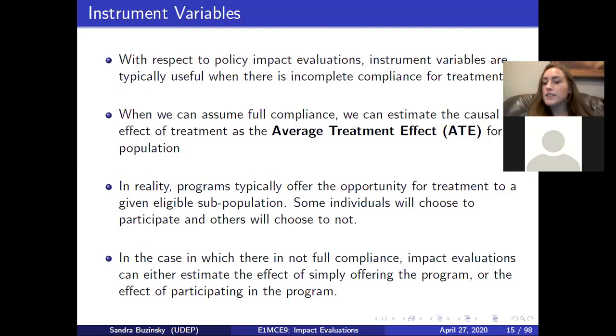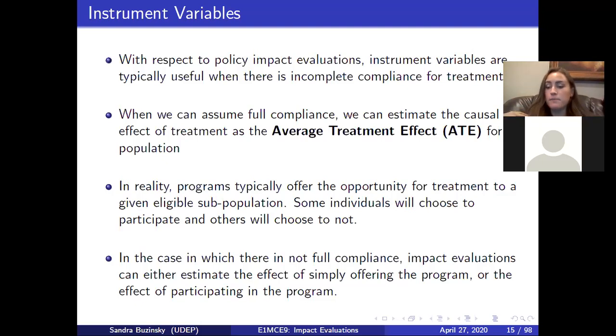Remember how our D_i variable was treatment assignment? So we can say, well, you should be treated and you shouldn't. That's their assignment. But that doesn't mean their treatment status actually matches. Sometimes people are supposed to be treated, and for some reason decide not to take it.